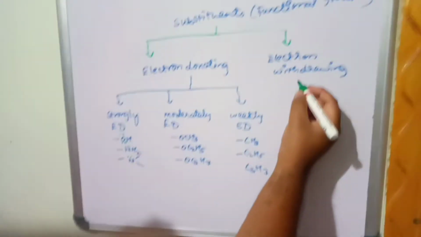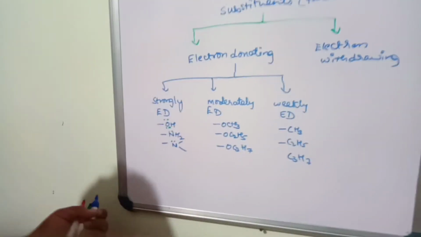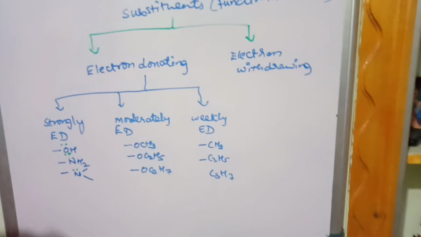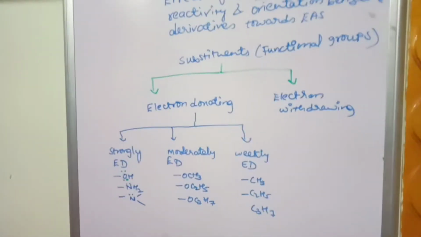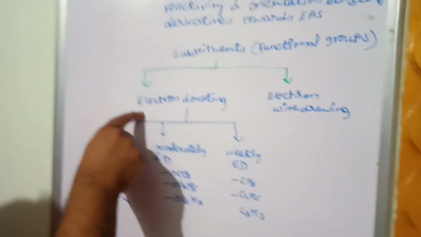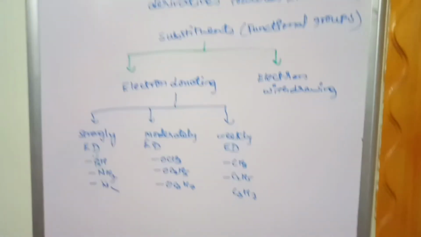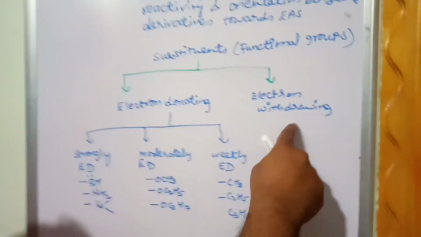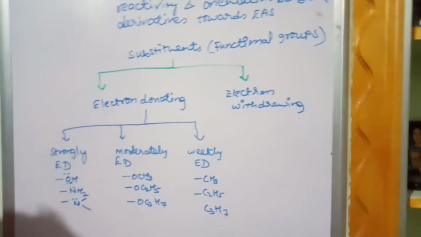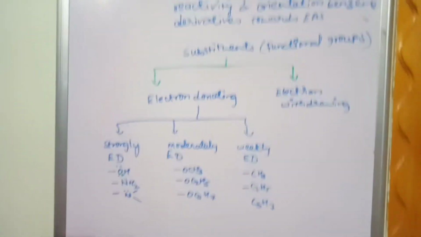Electron withdrawing groups are those groups which have a tendency to draw the electrons. Electron donating groups donate the electrons, they give the electrons. But electron withdrawing, as the name itself indicates, will withdraw the electrons.